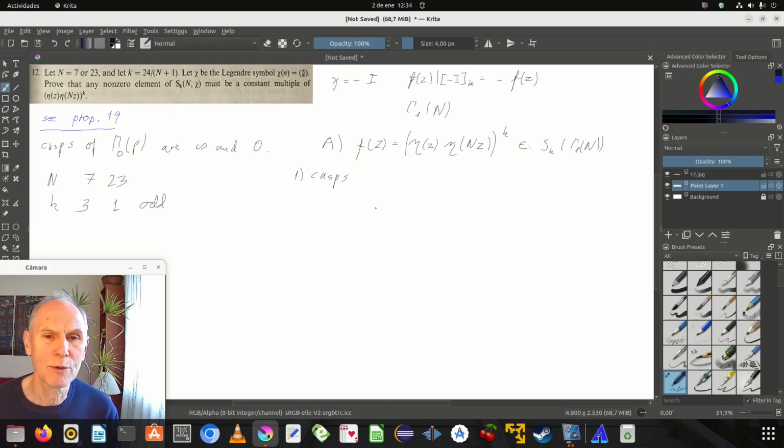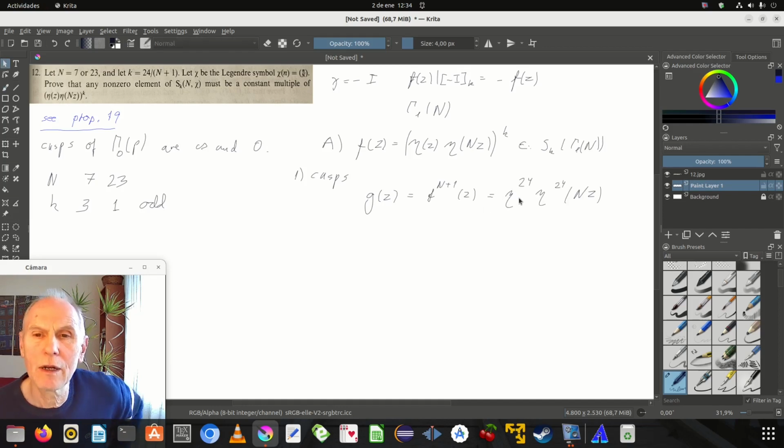So let's instead try to raise f to the n plus 1. So we define a new function. This guy is a cusp form of order 24. No, yeah, oh yes, of order 24. And this, yeah, I'll just be very precise here.